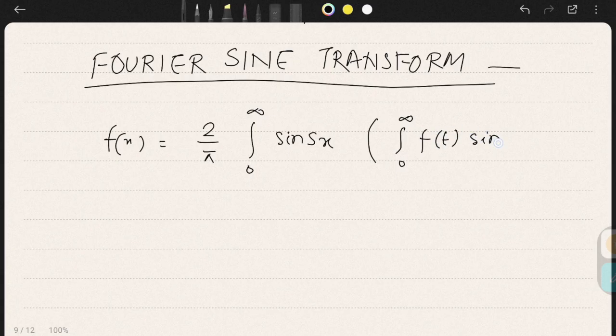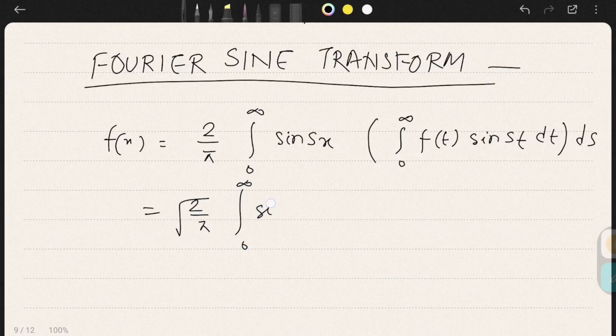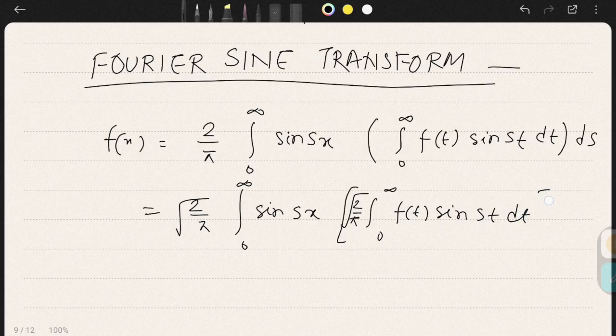Just go back and rewind, recap if you want. So we can write this as this. Again we split this into two multiplications, same type of derivation, nothing new. Here also, one multiplied by the integral from 0 to infinity of f(t) sin st dt and ds.